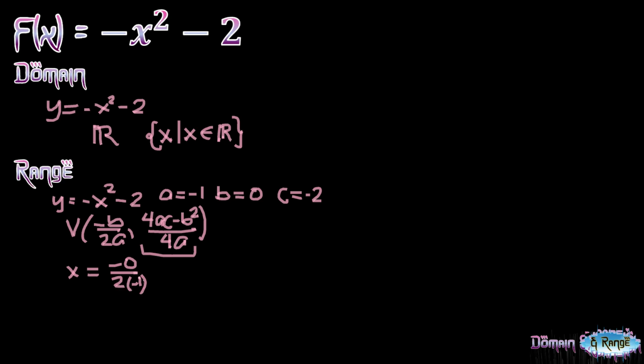No matter what the value of our denominator, our numerator will supersede that. X is 0. So using this value of 0, substitute that in our function, which I think is easier in this case. The square of 0 is 0. Our y value here is negative 2. In short, our vertex is at 0 and negative 2.